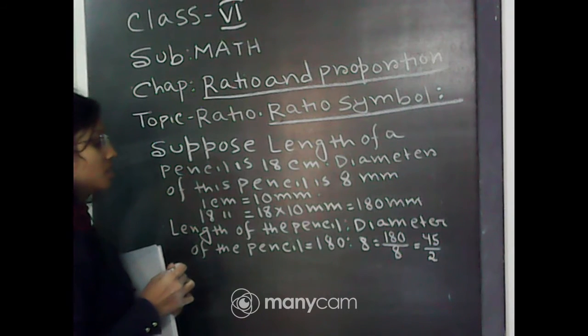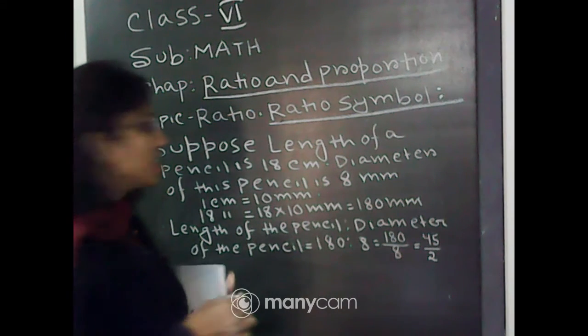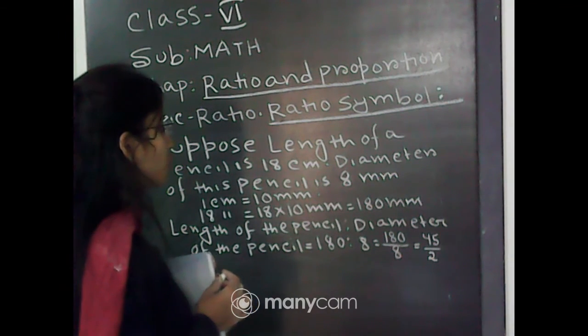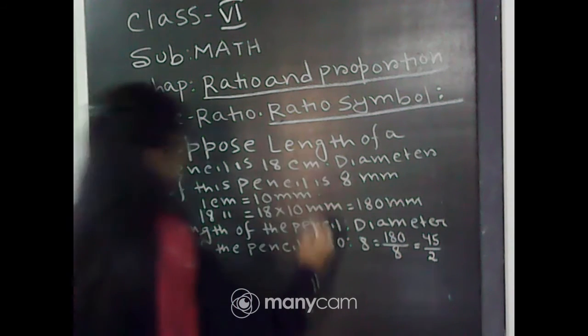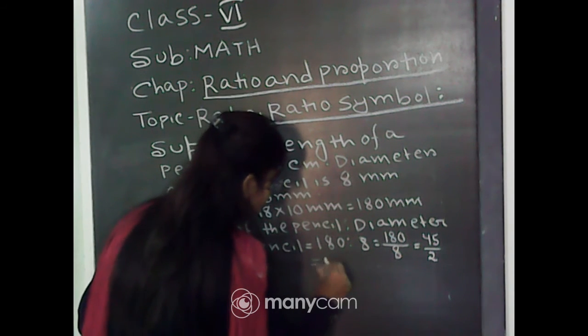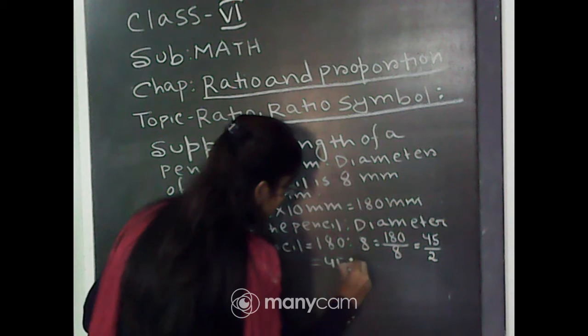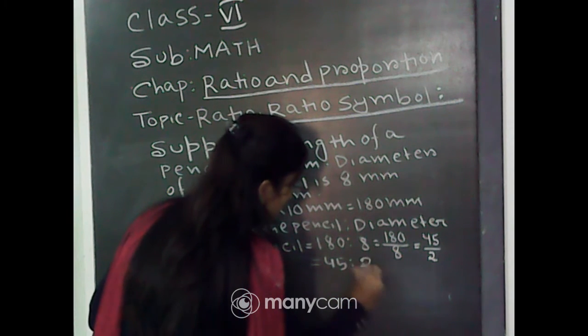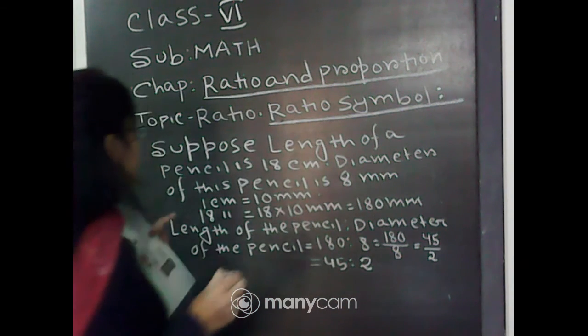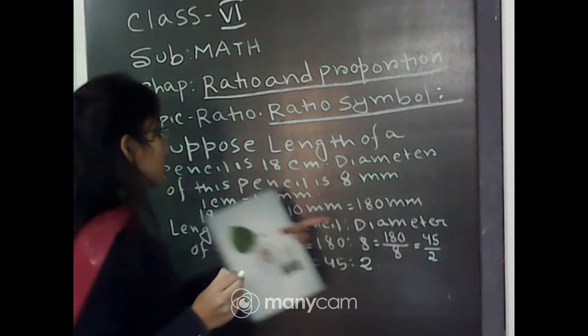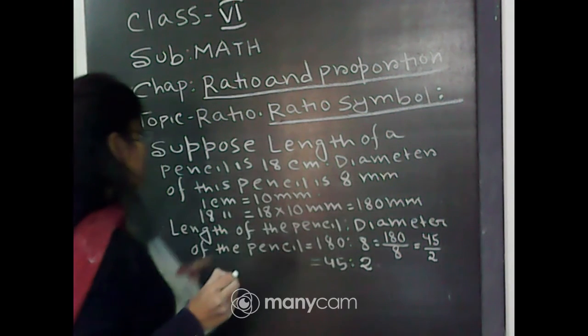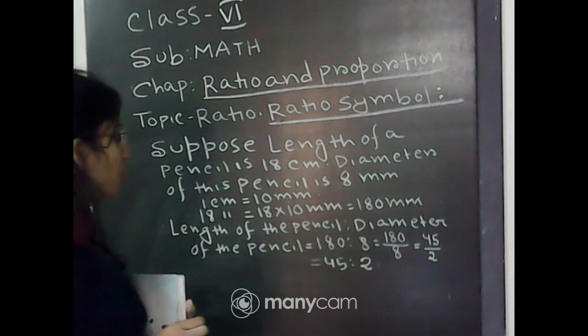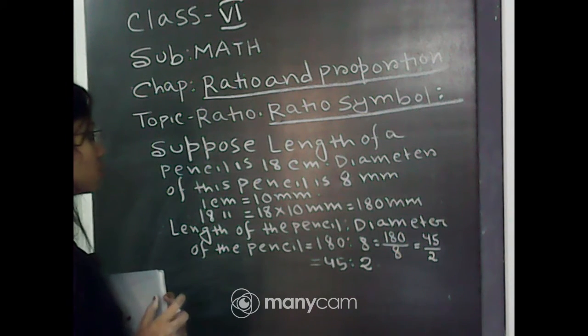We divide both the numerator and the denominator by 4 and we get the ratio 45 is to 2.